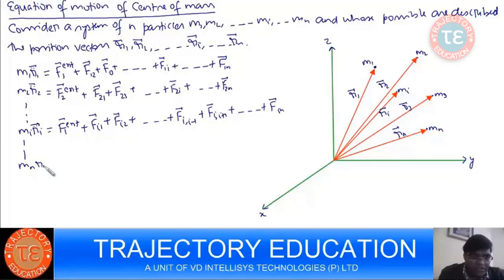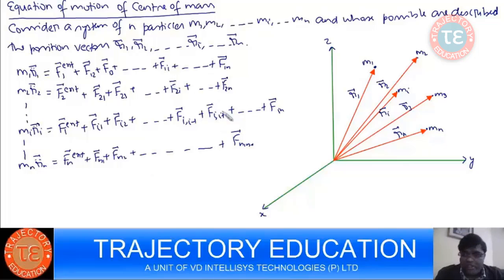Similarly, nth particle, I write fn ext, fn1, and this is fn2 and this will be fn minus 1. Right, so these are the equations of motion.